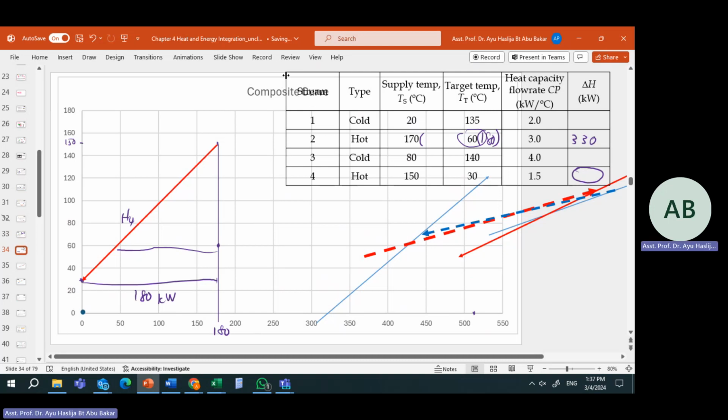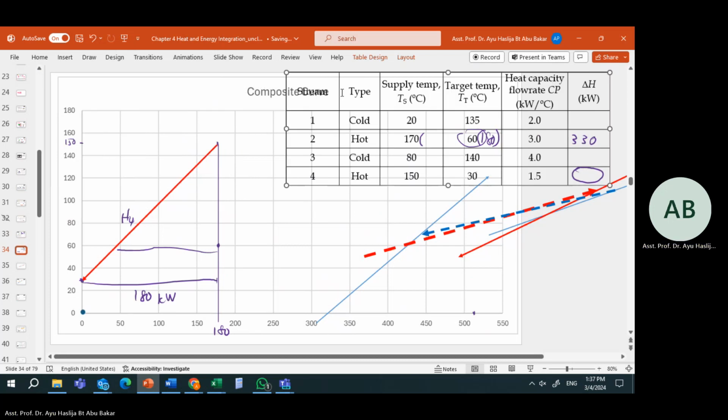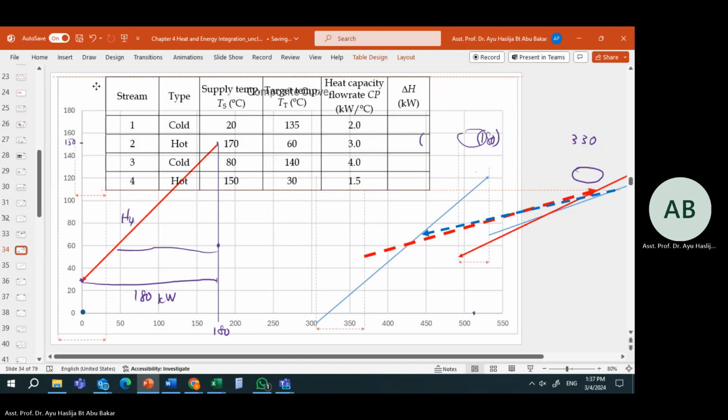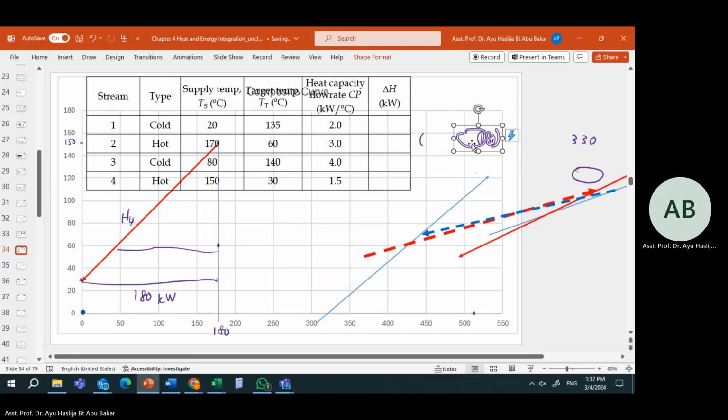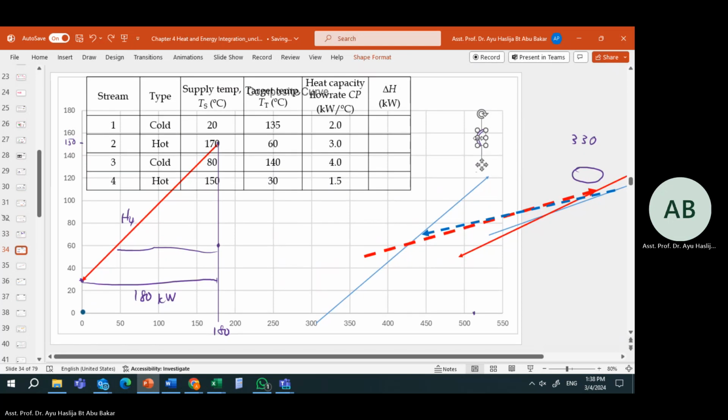Okay, this one I remove the table. Move to this side. Okay. Now the point is 170 to 510, somewhere here.